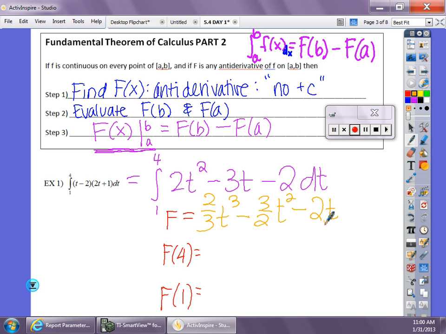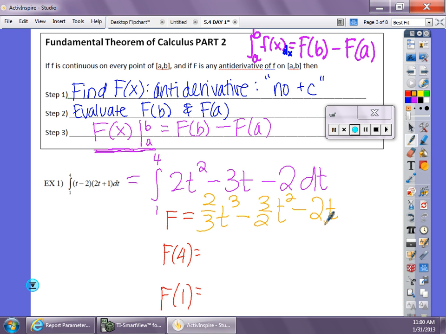For this one, honestly, this would be a non-calculator question, but just to save a little time, I would like you to evaluate this using your calculator. And when I say evaluate, not fnInt, I want you to actually find me F of 4 and actually find me F of 1 very quickly. I would get your calculators out because I am going to mention how I think would be the best way to do it.